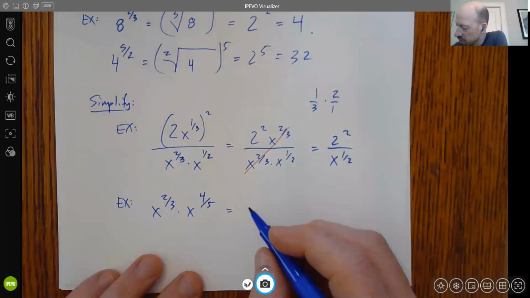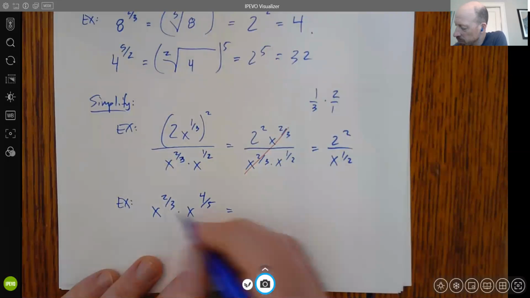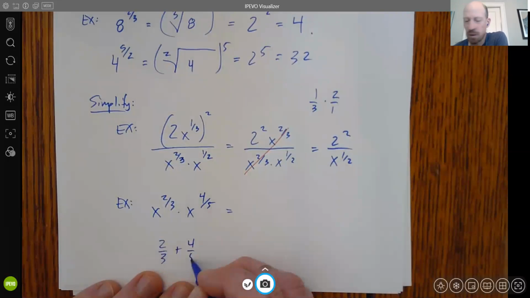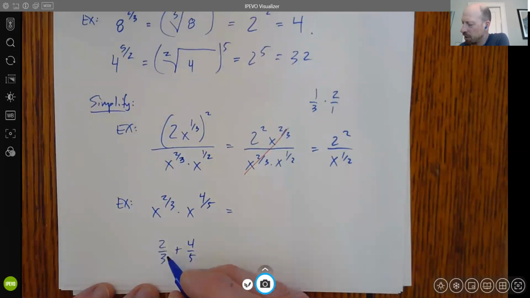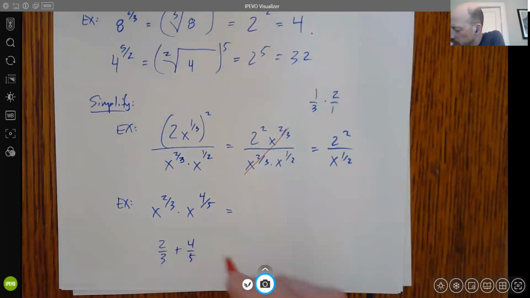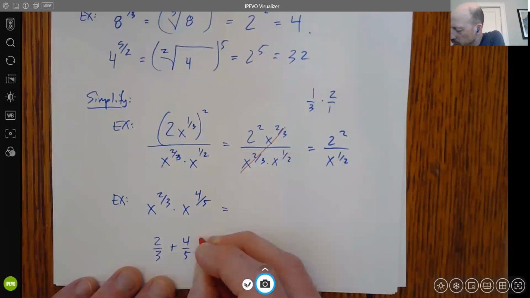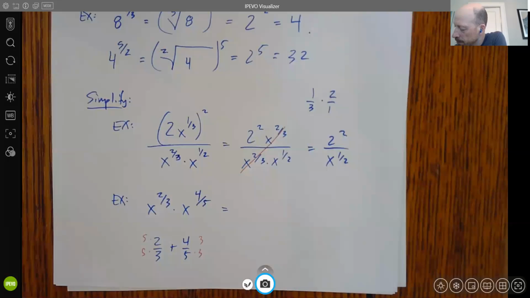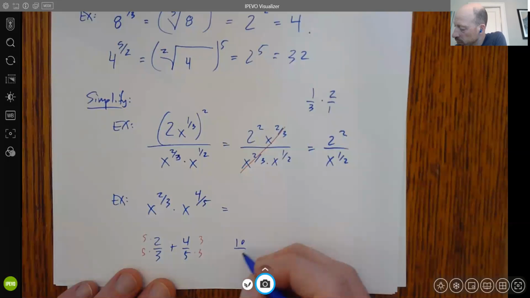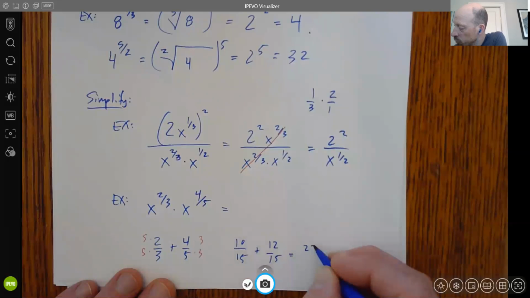So this is going to take a little bit of work, and maybe I just want to do it on the side down here, right? I need common denominators. I'm going to multiply here by 3 and here by 5. 10/15 plus 12/15 is 22/15.